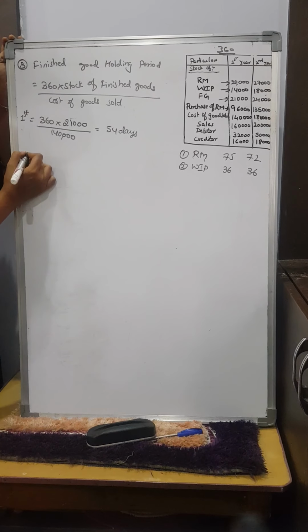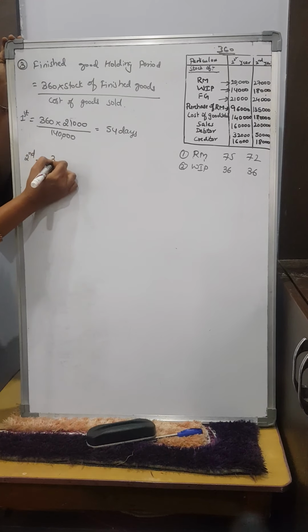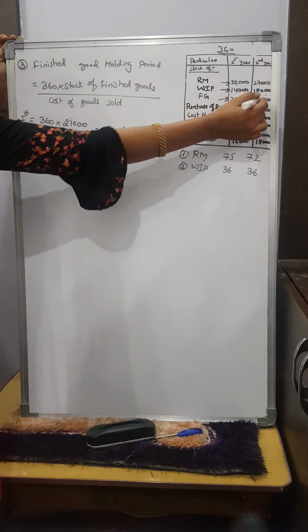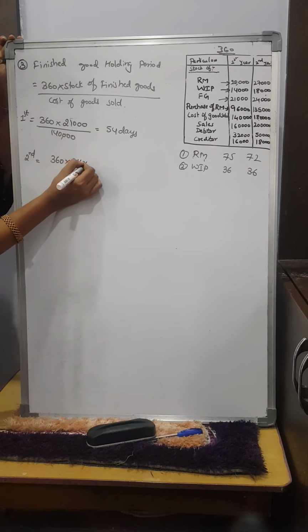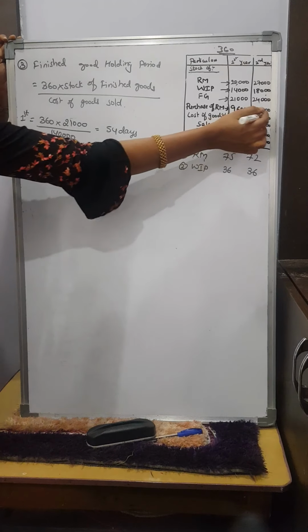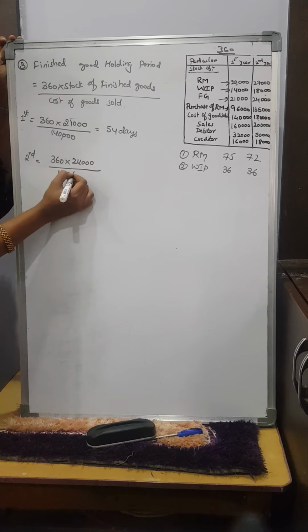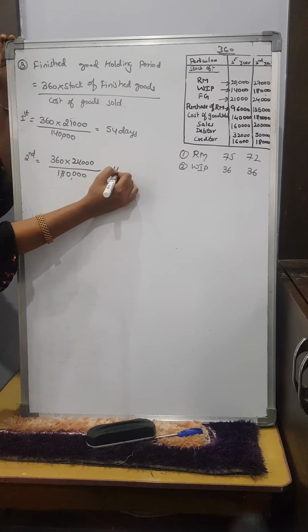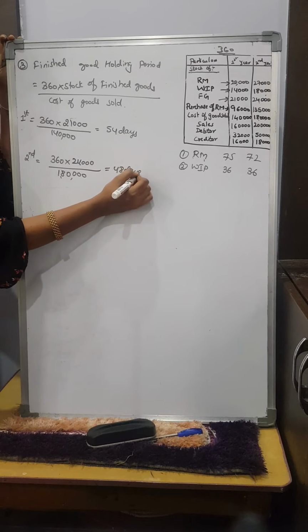And now I am doing for the second year. Second year, 360 into 24,000 divided by 1,80,000. If you substitute this, you will be getting 48 days.